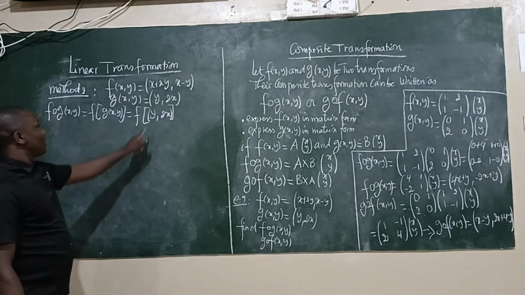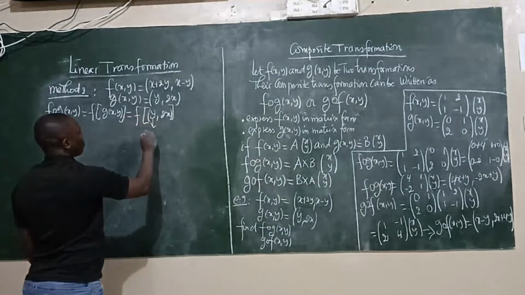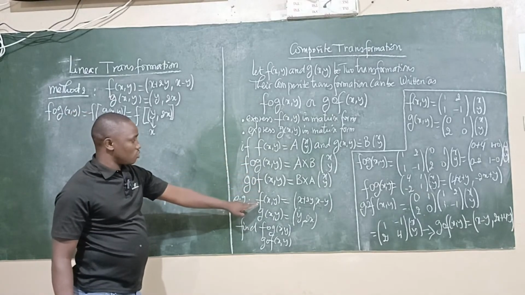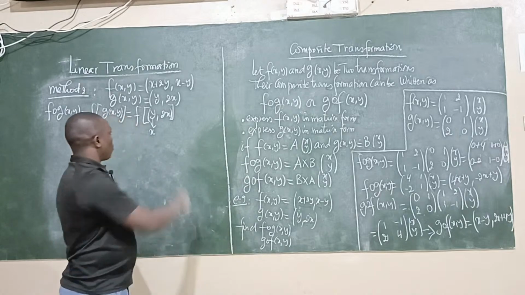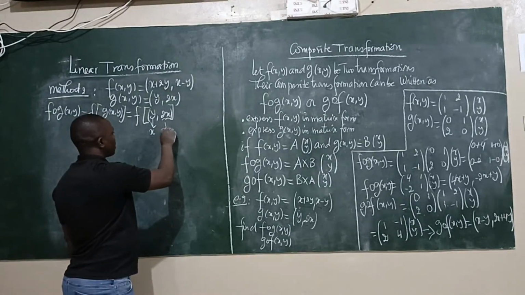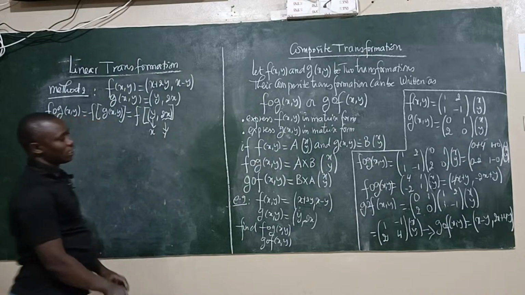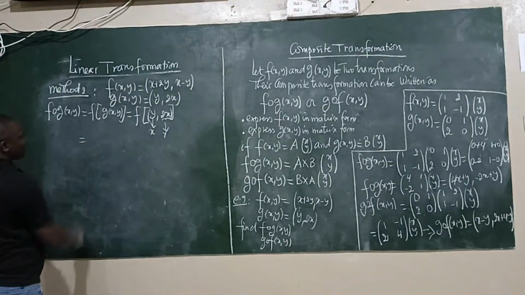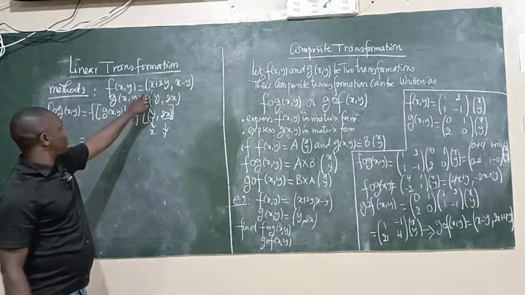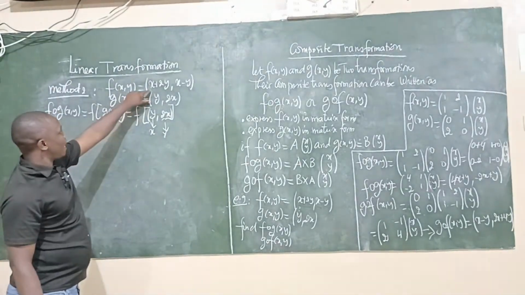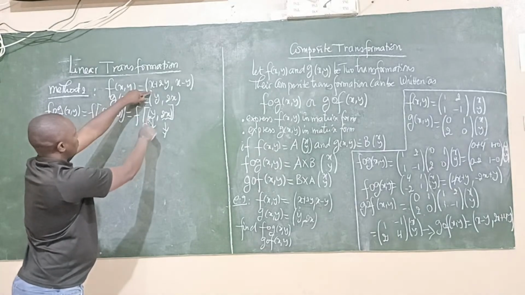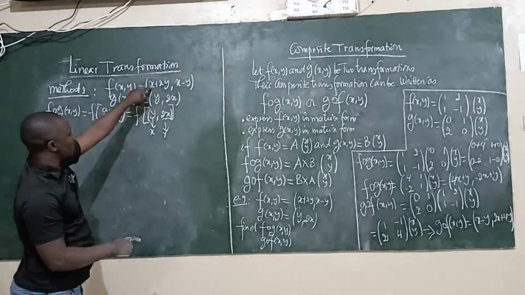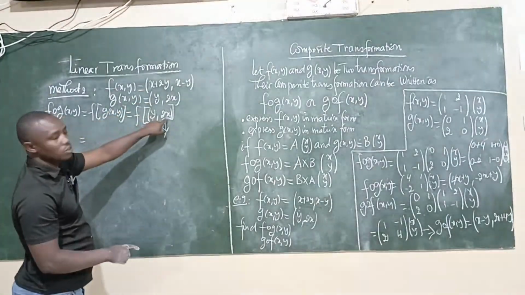As you see, here y will replace x in f, while 2x will be replacing y in f. Because f of xy was this, x will be replaced by y. Instead of having x, we'll be having y. Instead of having y, we'll be having 2x.